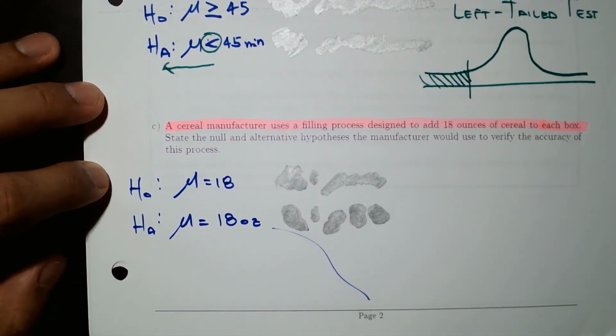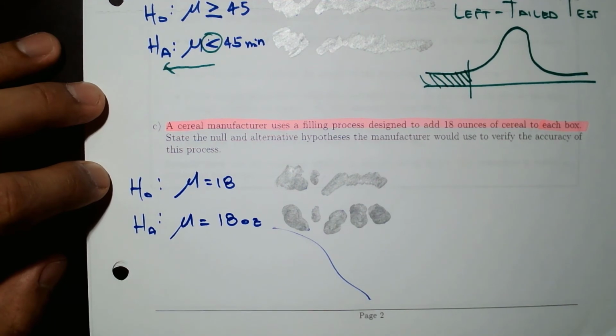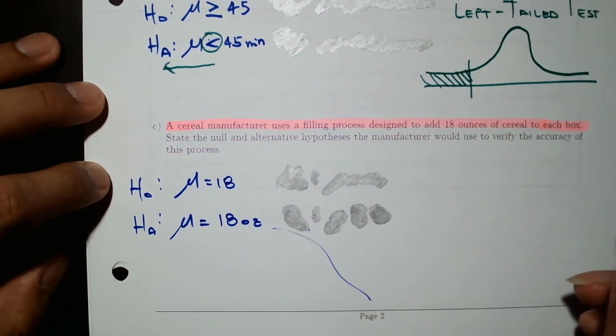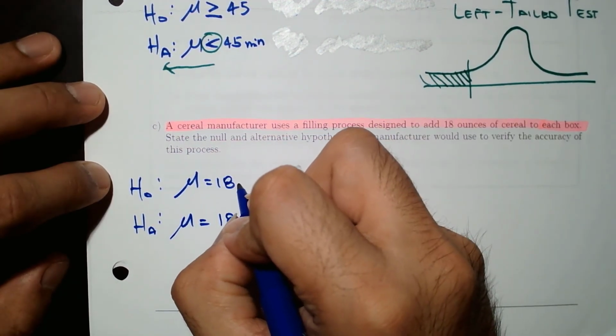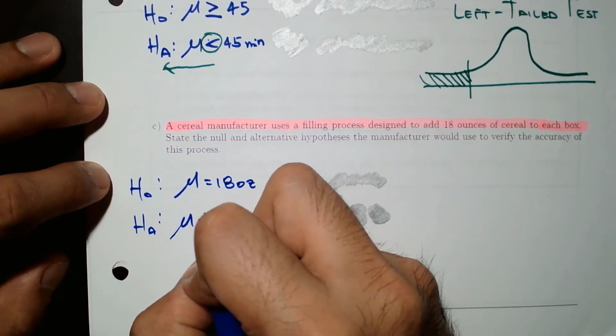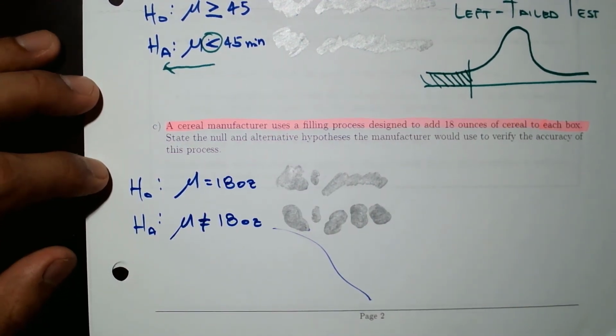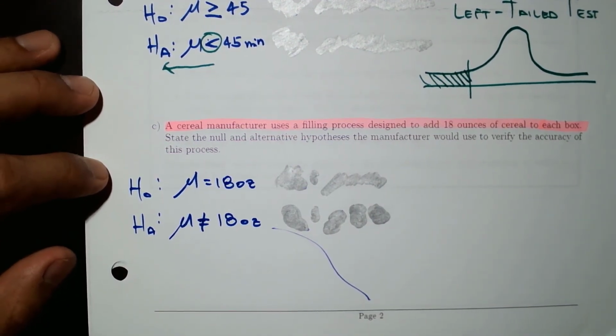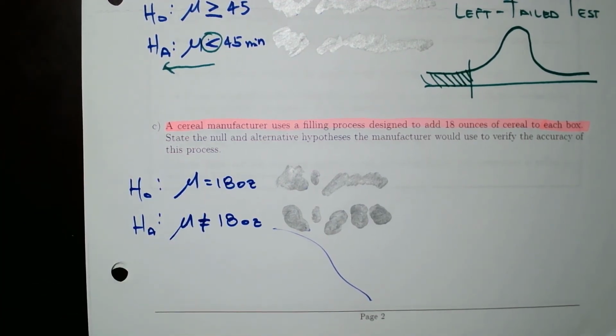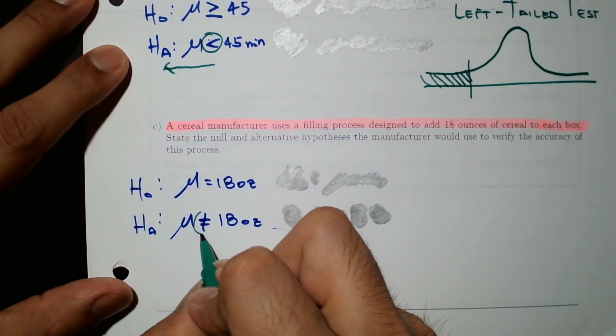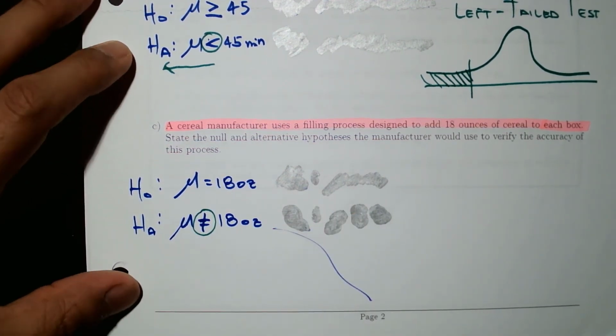Actually, this is the one that is not equal, the alternative hypothesis. Never mind. Okay, so it's changed, and I'll tell you why in a minute. Sorry for the confusion. Notice this, not equal.